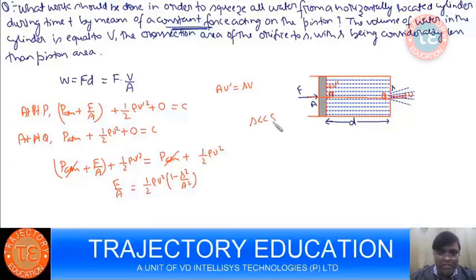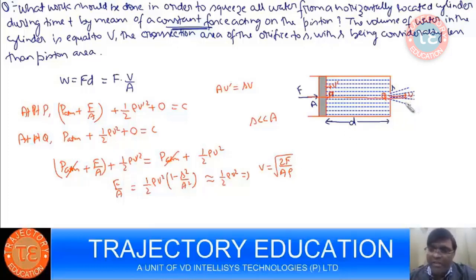So s is very, very small compared to the area of the piston, so I can say this is approximately rho V square. So V is what? V is square root of 2F by A rho. Okay, this is the velocity.